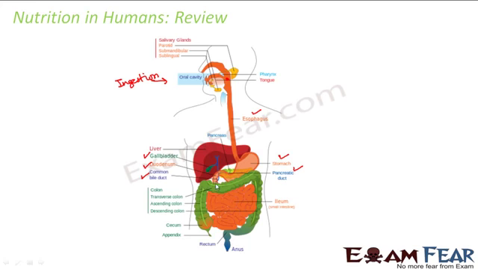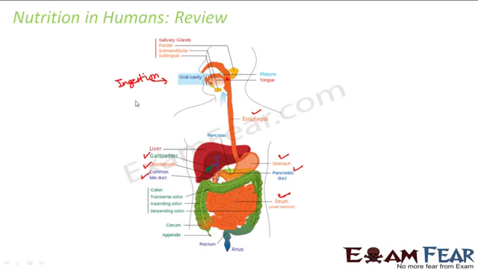Now once the food is digested, it is passed to the jejunum and ileum. What happens in these two parts? Absorption of food takes place with the help of small finger-like structures called villi. These villi help in absorption of food and then pass the absorbed nutrients to the blood vessels. And then the undigested food will be passed to the large intestine, which consists of this inverted U-shaped structure called colon, and then it will be excreted to the external environment through the anus.